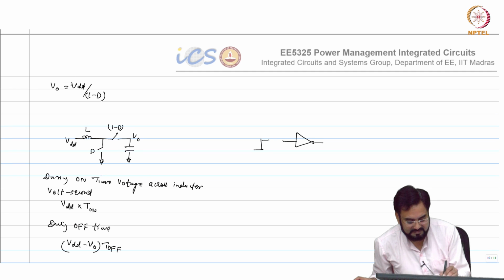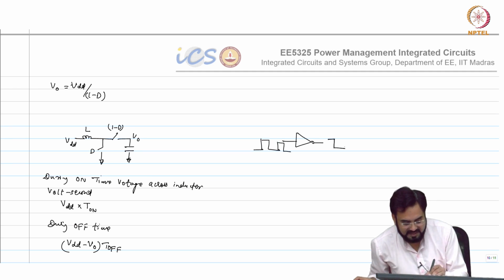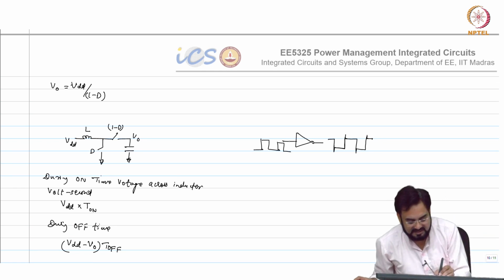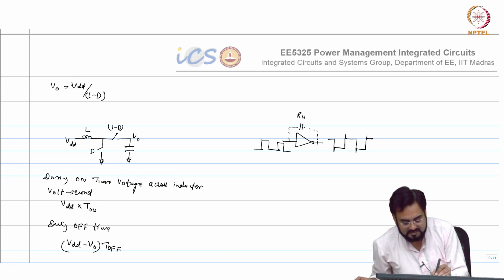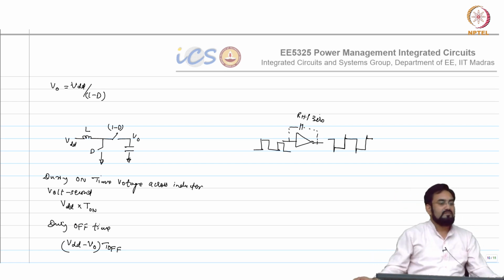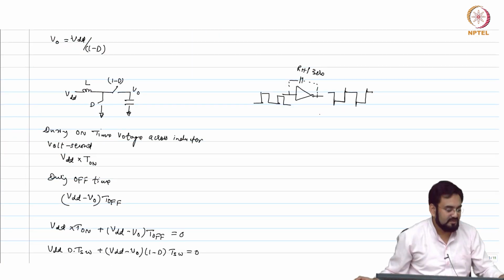So I expect this, but what will happen? You will see these glitches, and you can see it in the simulation, and this is nothing but because of this cap. So the same thing will happen here also.